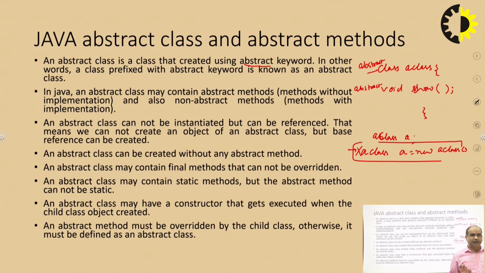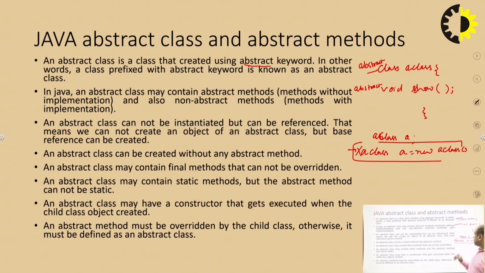static at any time. Next is, an abstract class may have a constructor that gets executed when the child class objects are created. Also, an abstract method must be overridden by the child class, otherwise the child must be defined as an abstract class.